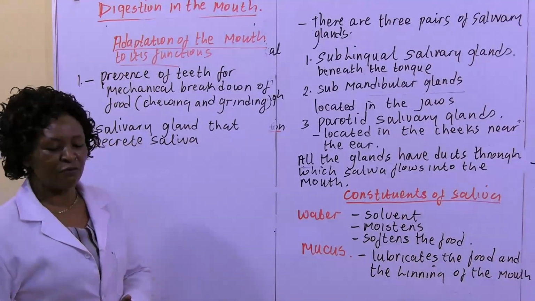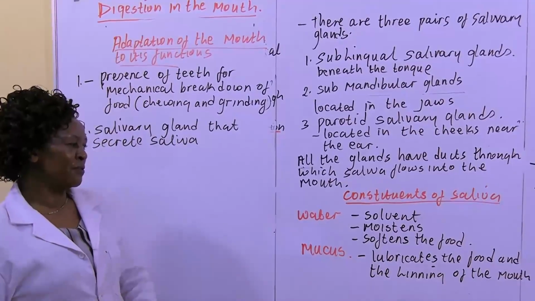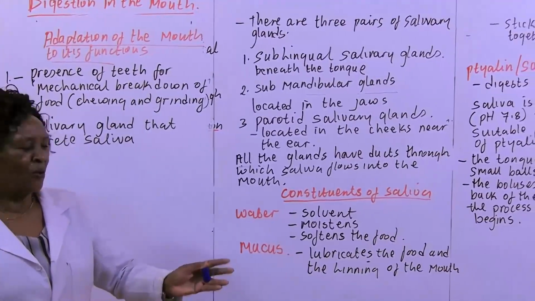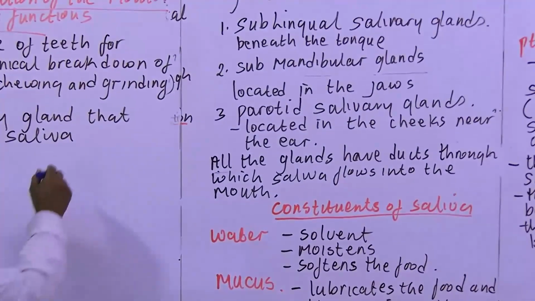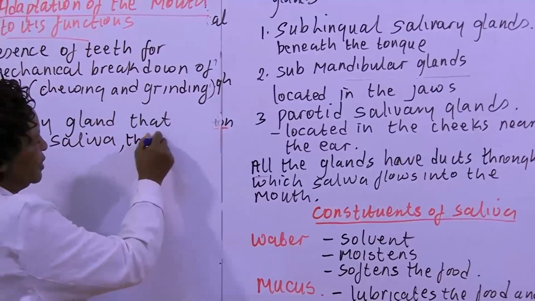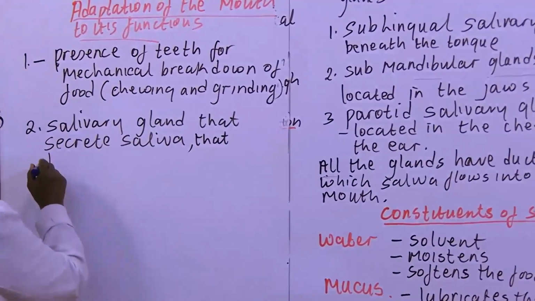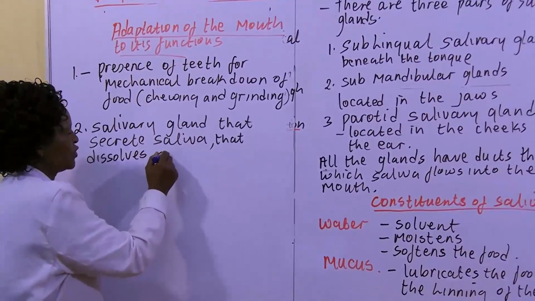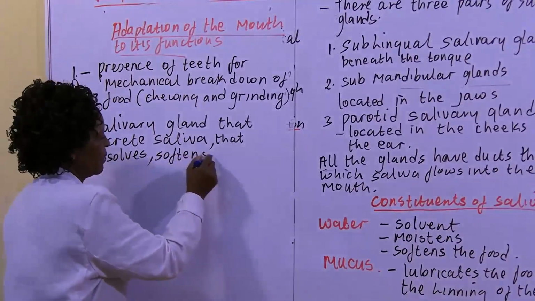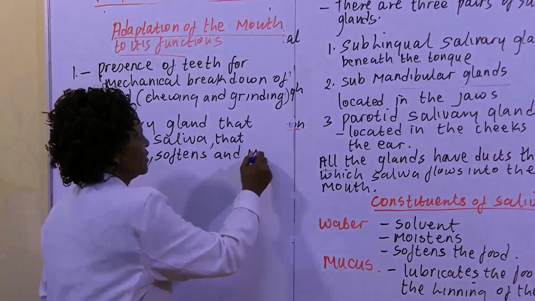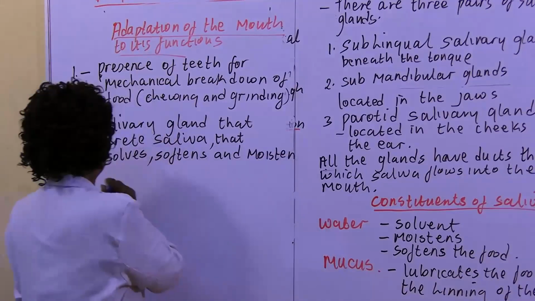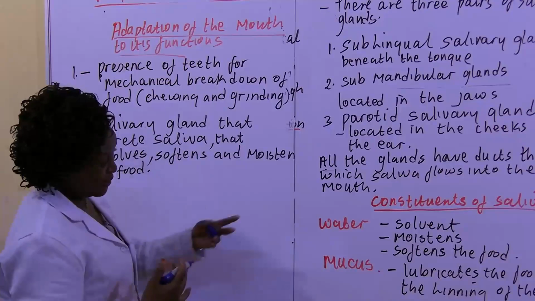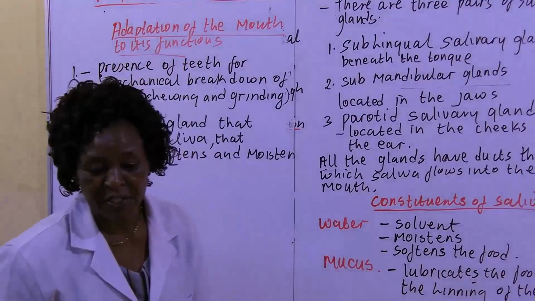Saliva dissolves, softens and moistens the food, and it lubricates the lining of the mouth.